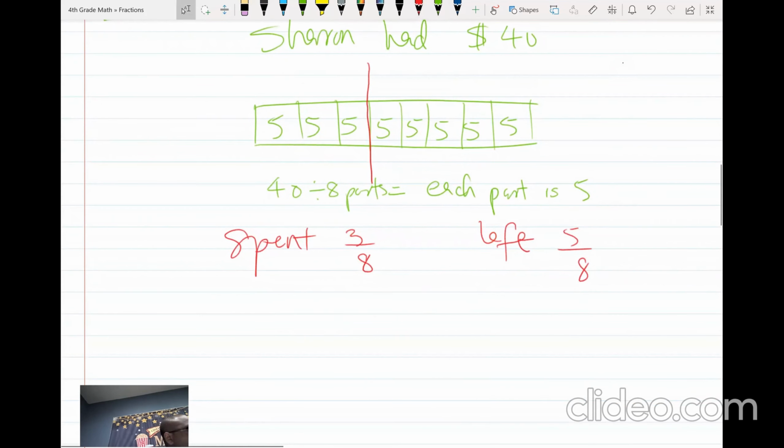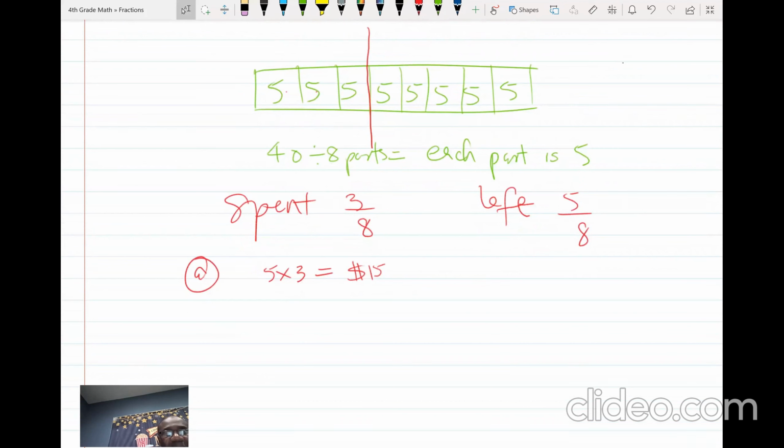Okay, how much did the storybook cost? The storybook cost 1, 2, 3. Right? $15. 5 times 3 equals $15. Okay, how much money did she have left? She had $25 left. 5 times 5 equals.